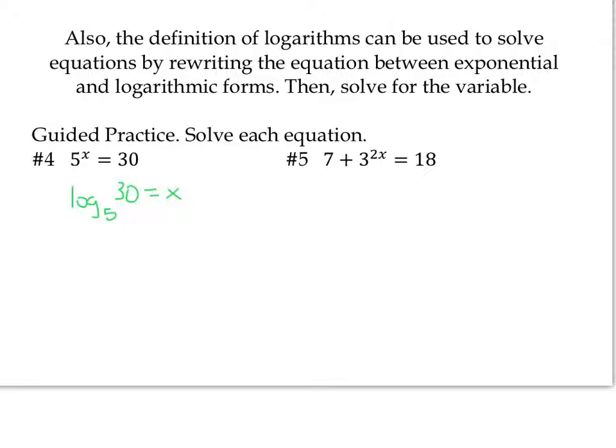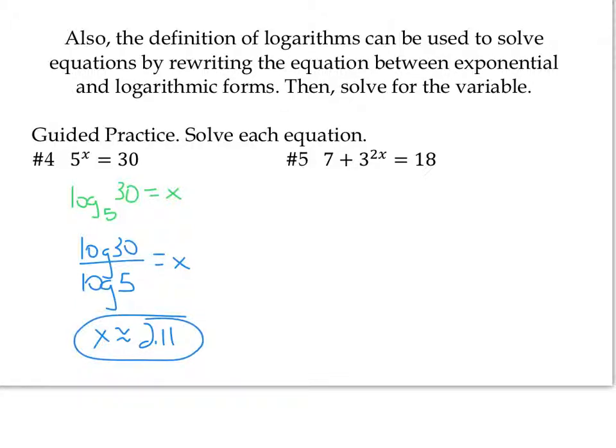Now this is where we use the change of base property, which we've learned. So we'll write that as log 30 over log 5 equals x. And then I can take my calculator and calculate log of 30 and divide it by log of 5, not 50. And we get x is about, and we'll round to 2 decimal places here, 2.11.